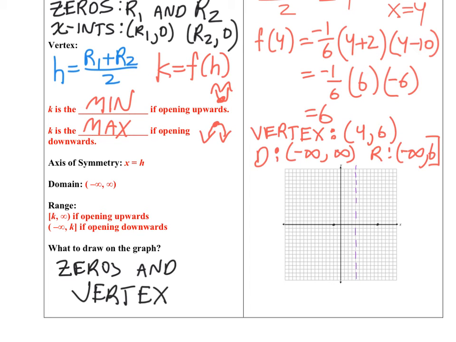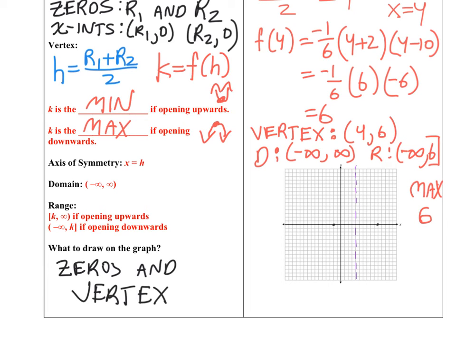I also know now my domain is negative infinity to positive infinity. My range, because it's an upside down quadratic function, is going to be from negative infinity to positive 6. And I also know that the maximum value is going to be 6.